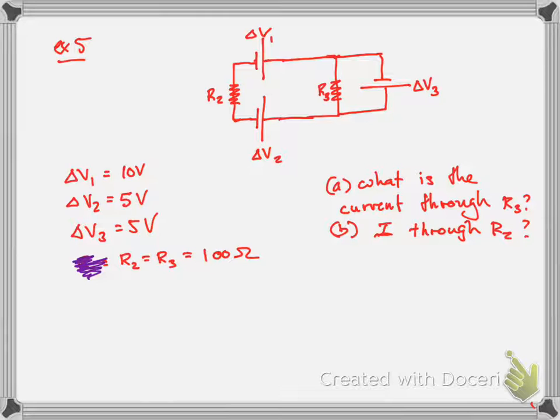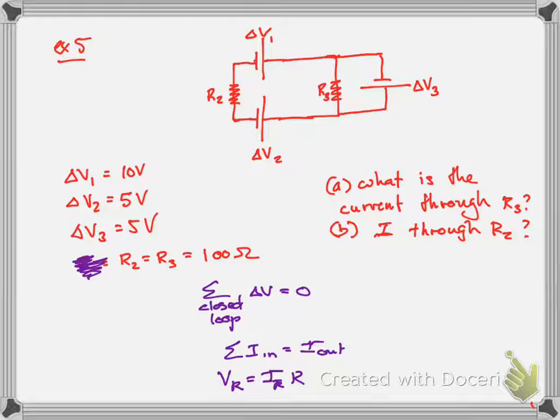So how do we address this circuit? Well, it's still just Kirchhoff's rules and Ohm's law, right? It's just the loop rule, the current junction rule, and Ohm's law. So our 3 rules, just as a reminder: the sum of the potential differences around a closed loop equals 0.